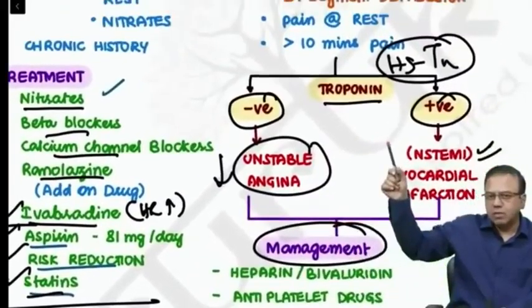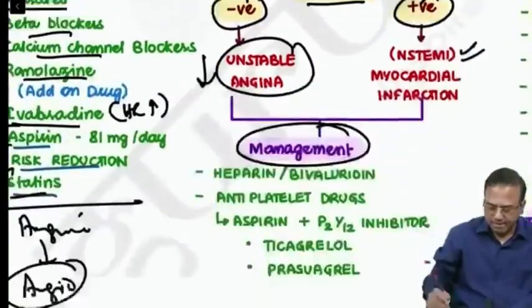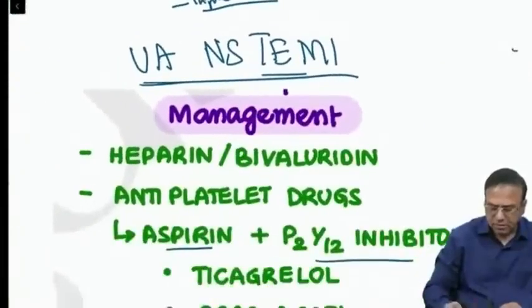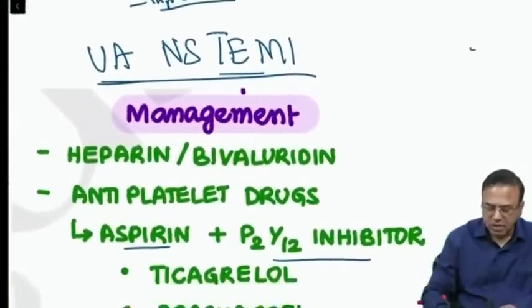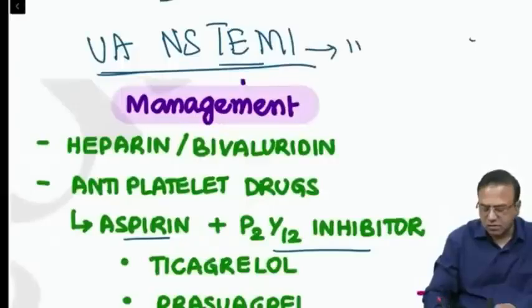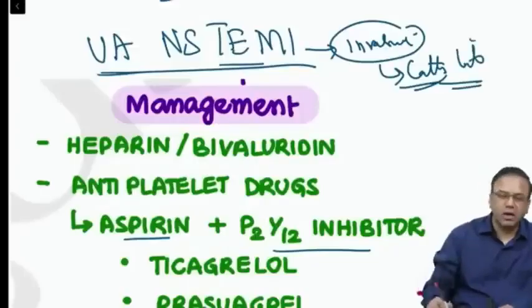Now, when it comes to a patient who's got unstable angina and NSTEMI, the 2023 recent guidelines are suggesting every patient should go for invasive management. What is invasive? Invasive means this patient is going to go to the cath lab. The only difference is how fast you should take the patient to the cath lab.